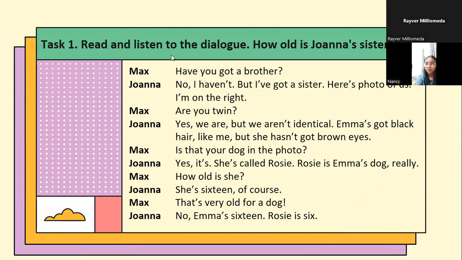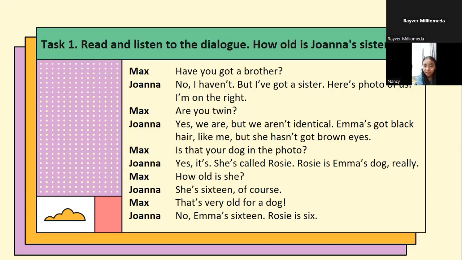Have you got a brother? No, I haven't. But I've got a sister. Here's a photo of us. I'm on the right. Are you twins? Yes, we are. But we aren't identical.